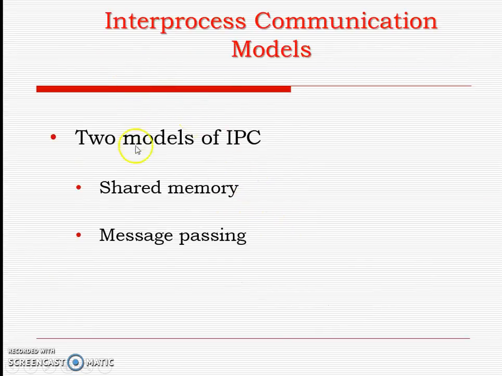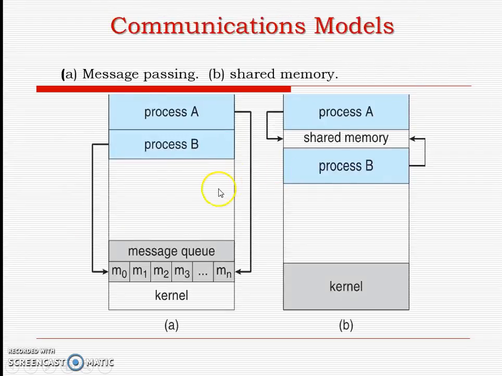Now, there are two models in IPC: shared memory, and second, message passing. First one is shared memory. In the case of shared memory, one process can create a shared memory area and the remaining processes can share that memory.